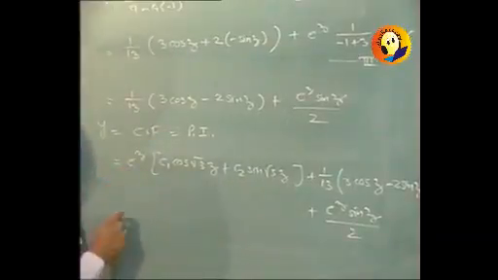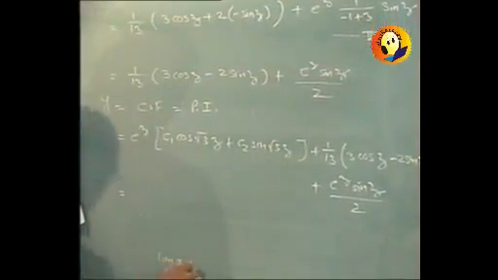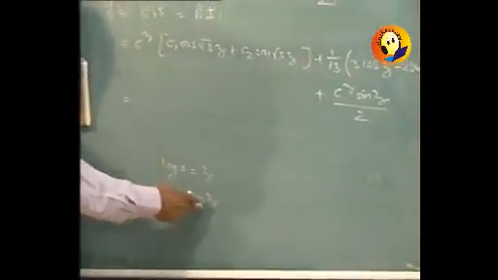And so e raised to z will be, it was log x is equal to z, and therefore x equal to e raised to z. Both ways we are required to substitute. So e raised to z is x.